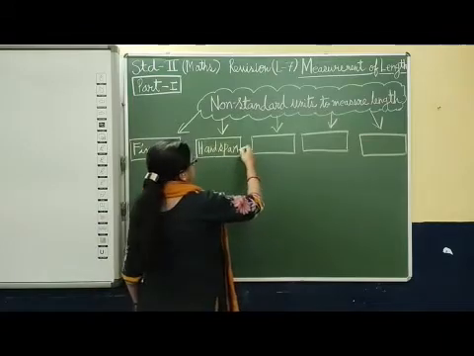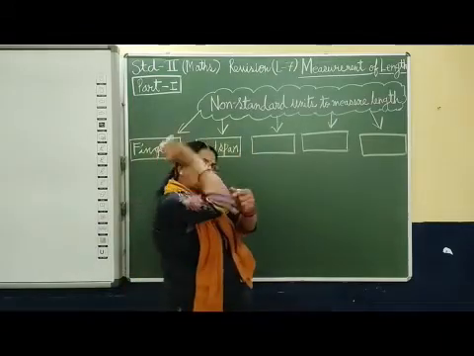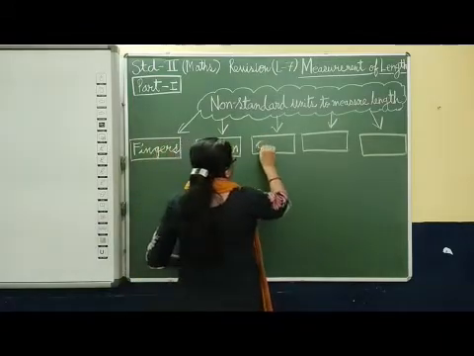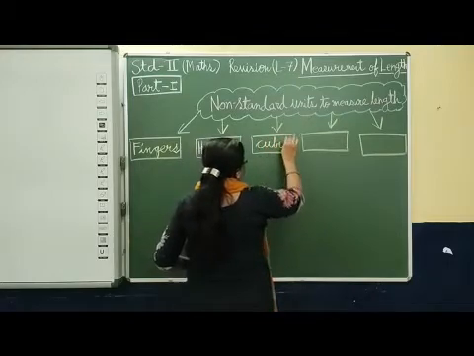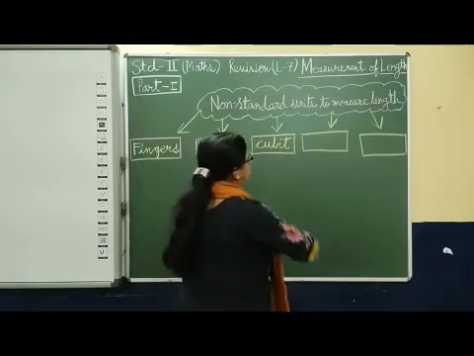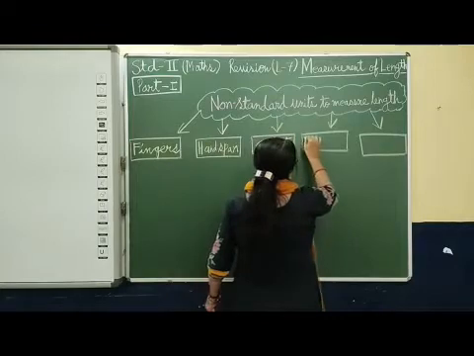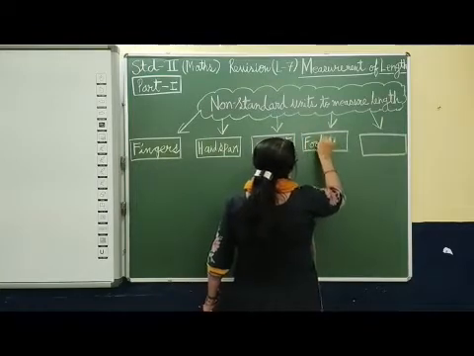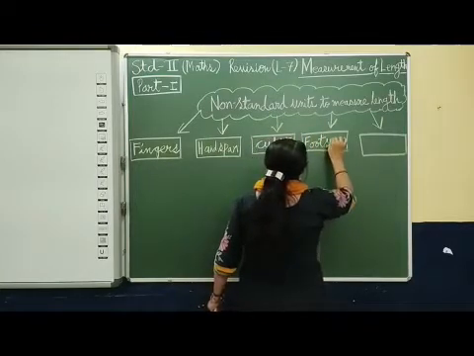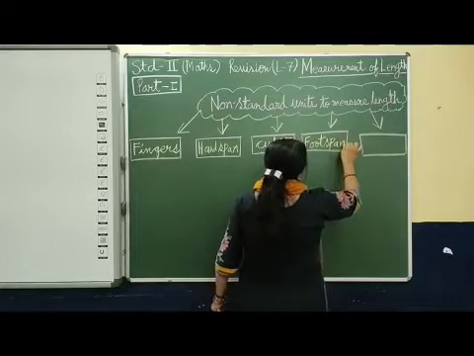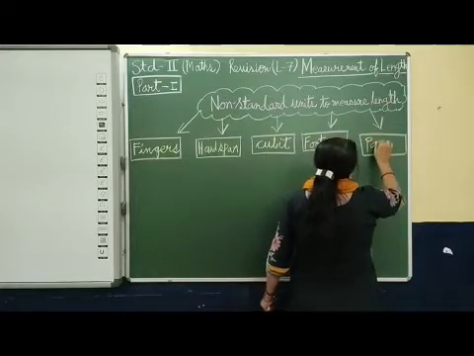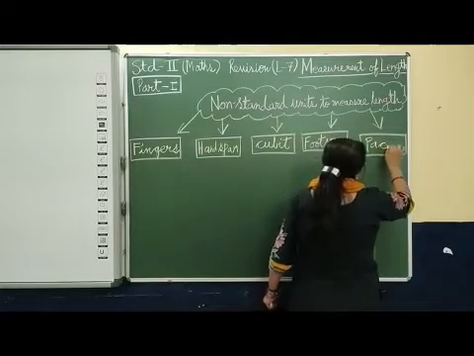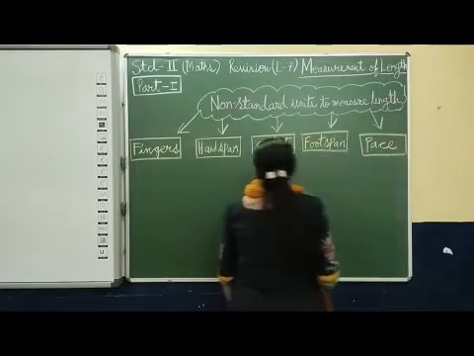Then cubit, that is this much, cubit. Then comes the leg, that is foot span, then pace, the length between two legs, pace.